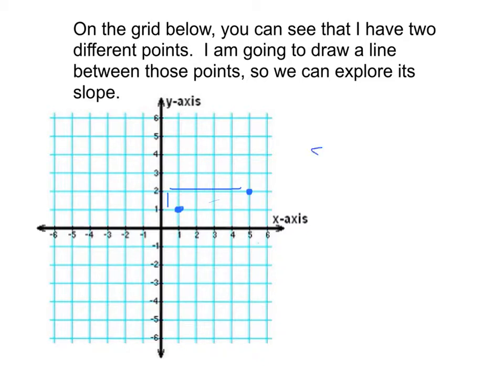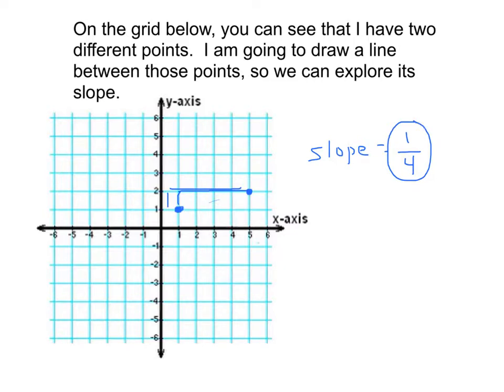So the slope of this particular line, I am going to figure that out by figuring out how much higher one point is than the other point is. So it changes 1, and I have to go over 1, 2, 3, 4. So the slope of this particular line is given the numerical value 1/4.